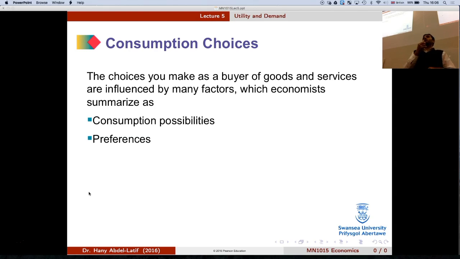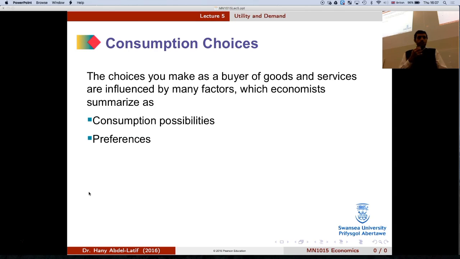What we're going to look at first is what you can. Then we're going to move to what you want. Then we're going to put both in the picture and see that's how you maximize your satisfaction, that's how you make the most of your resources as a consumer. So today, in this lecture and the next lecture, we're going to think as consumers, as buyers, not producers.